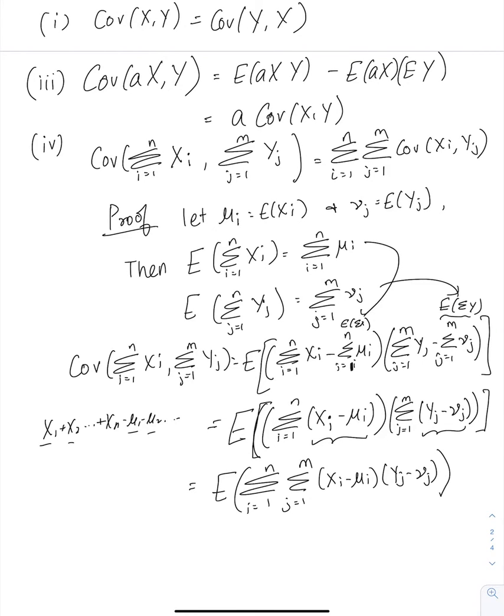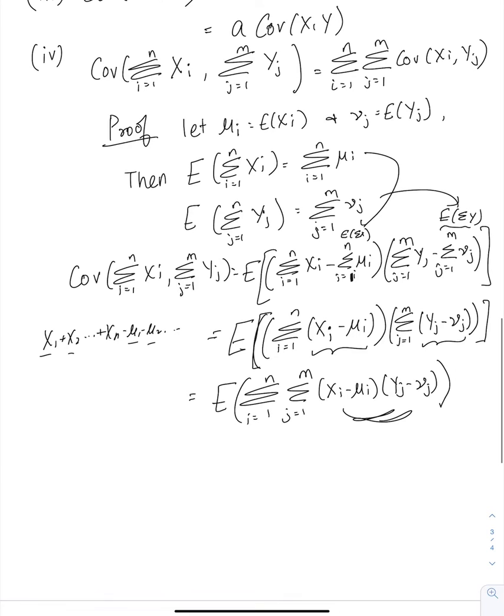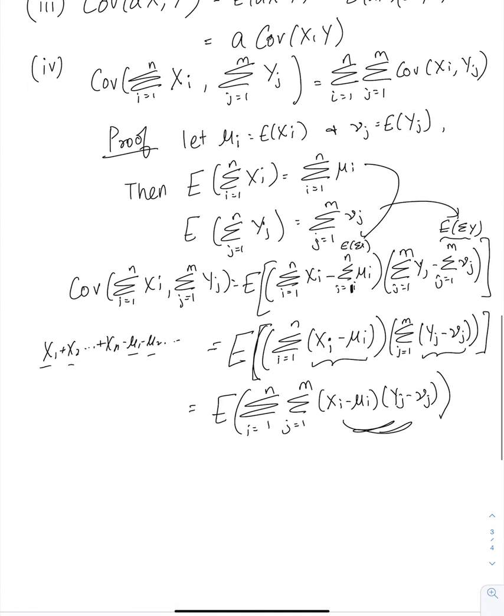Correct? Okay. And now what? Let's take the product inside over here. Actually, sorry, let's not take the product inside yet. All we want to show is we want to get the covariance of xi, yj. So that's in fact what we have right here.